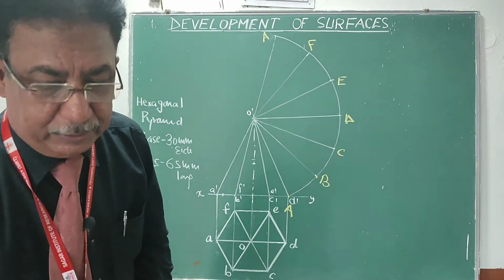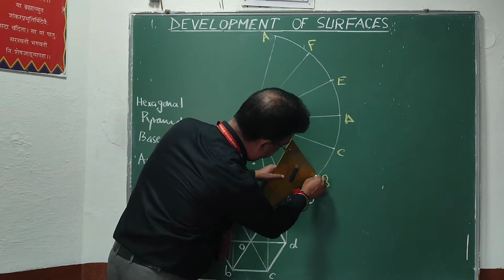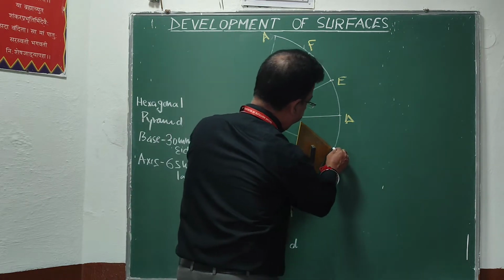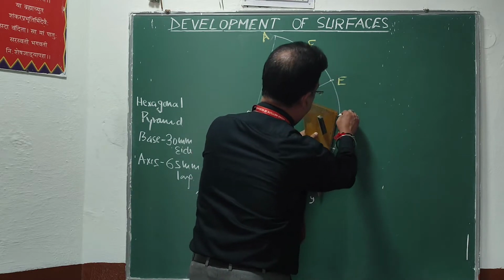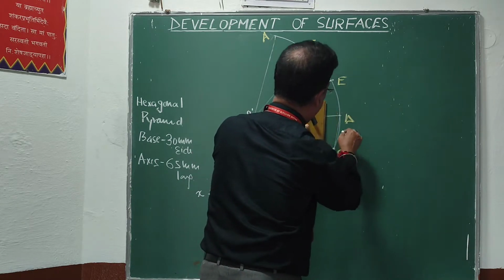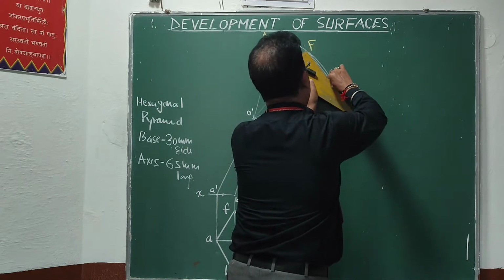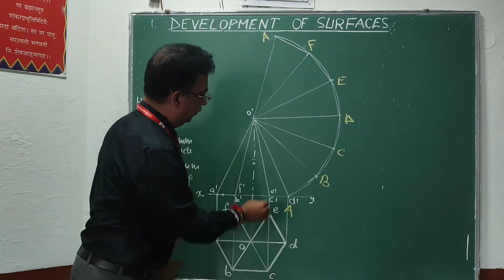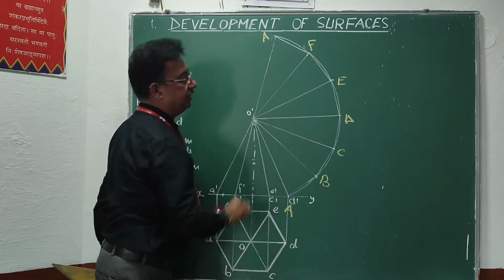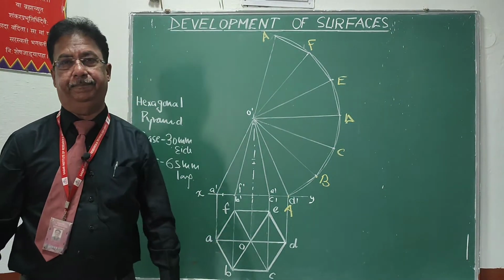Now if I join those points A, B, C, D with straight lines like this, look at these 6 triangles, 1, 2, 3, 4, 5, 6. These 6 triangles are the development of this complete pyramid.